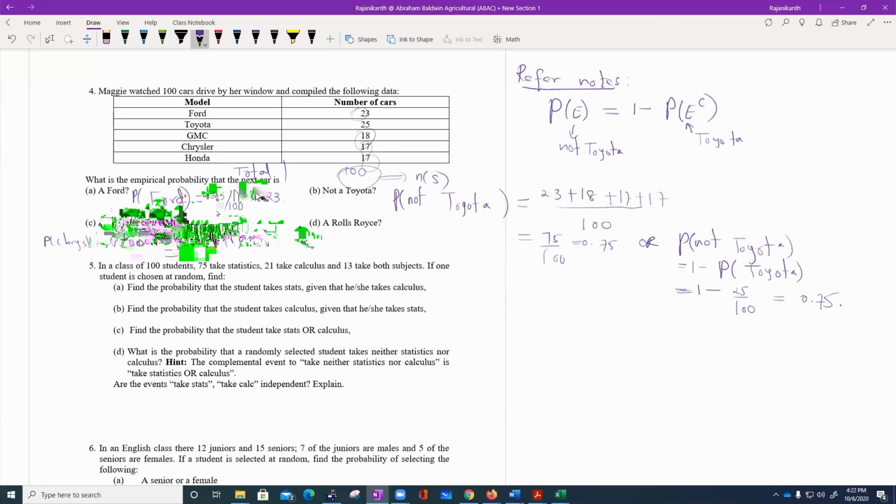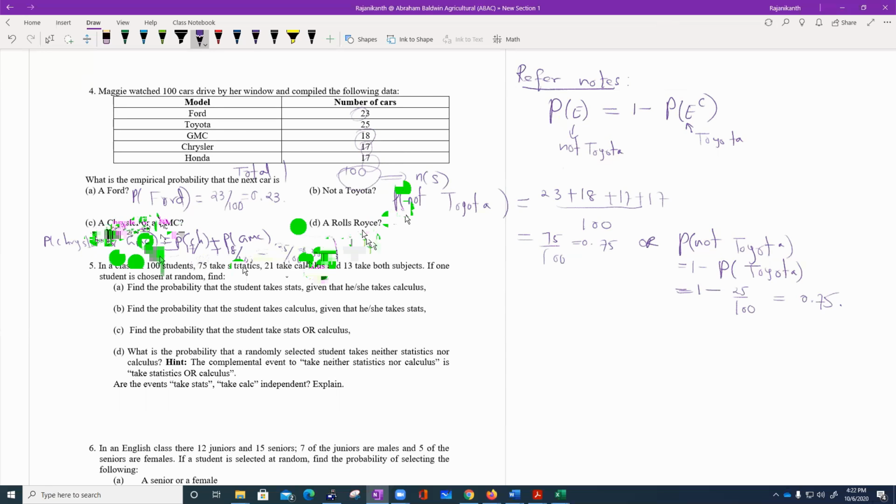So now Chrysler is going to be 17 out of 100 plus GMC is going to be 18 out of 100. Okay, so if you simplify that, that is going to be 35 out of 100, which is 0.35. Okay, that is the probability of part C.